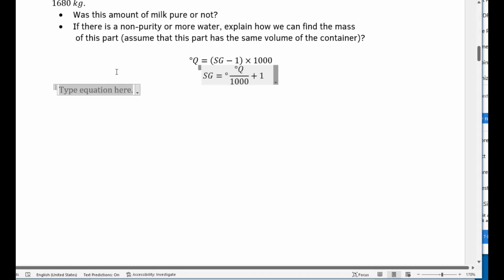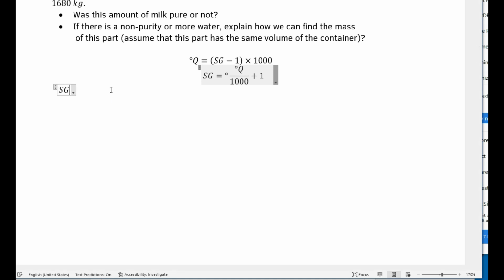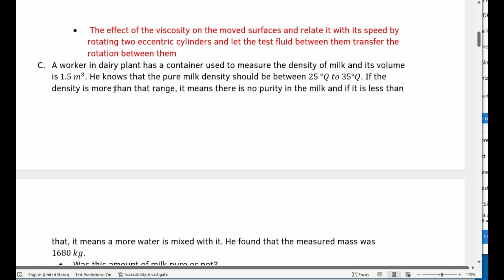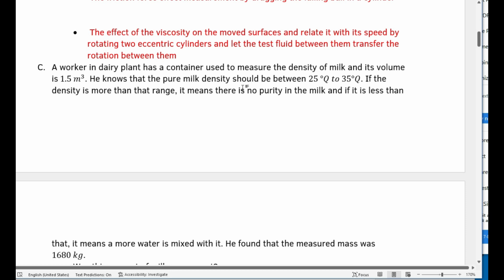So first we test the 25 as he mentioned here.